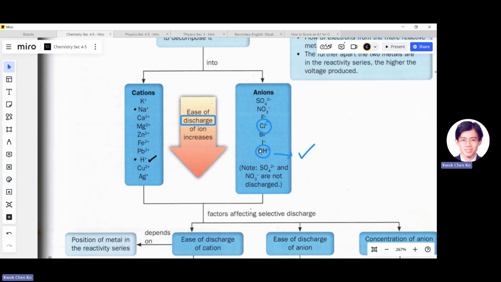This guy doesn't get discharged because this guy is a lot more concentrated. So this guy gets discharged instead. Put an asterisk or whatever somewhere. This is an exception. So whoever gets discharged doesn't just depend on the order here. It also depends on the concentration.